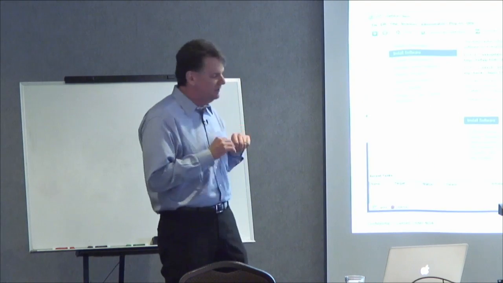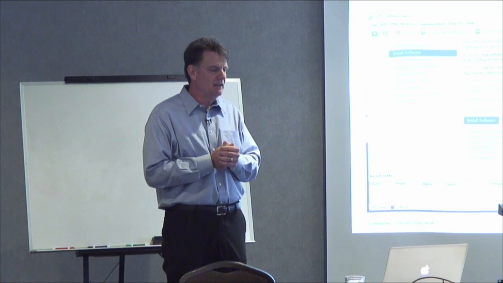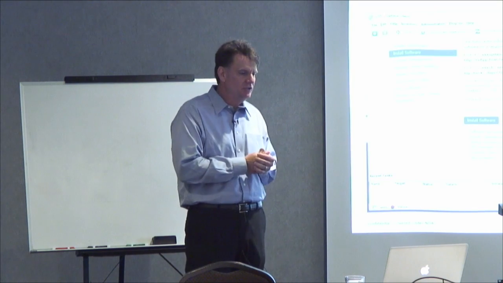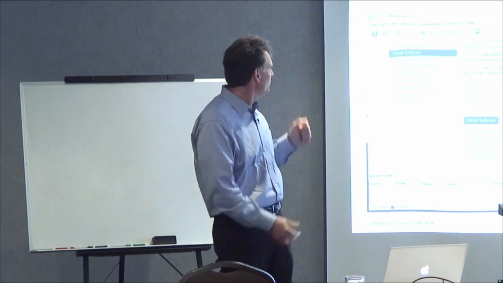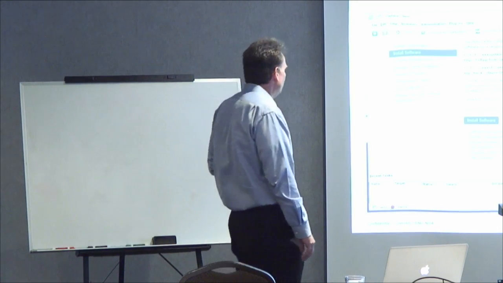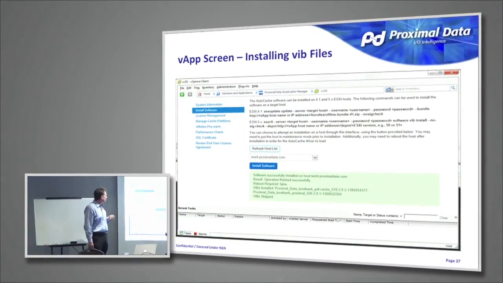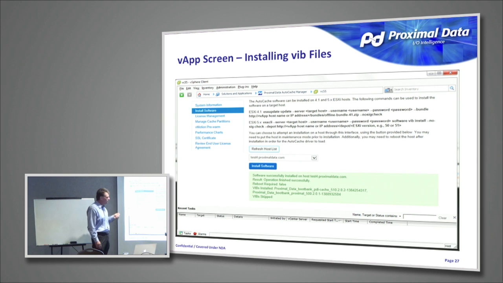If you had clicked on that Proximal data icon under the Solutions tab, it would bring up this screen. This screen shows the main functionality. In this case, the screen had just been captured after a live install, and it shows down below in the status screen that the VIB was pushed out and did not require a reboot of the host.